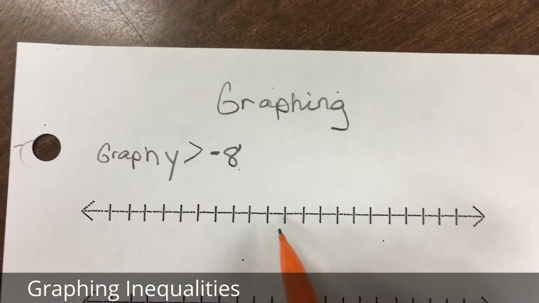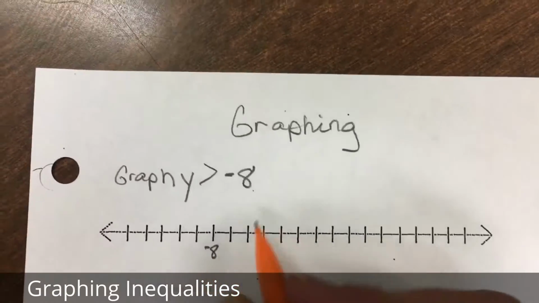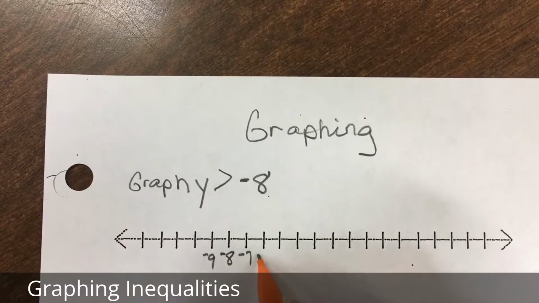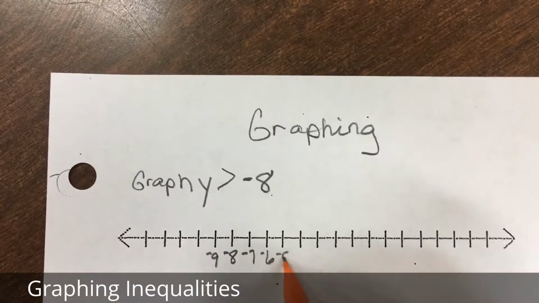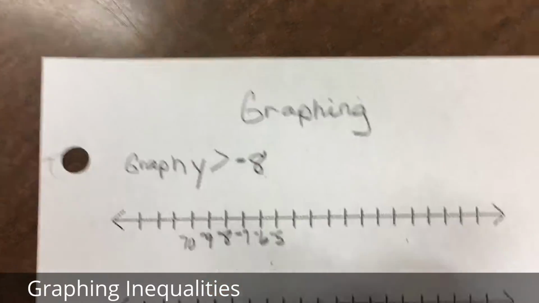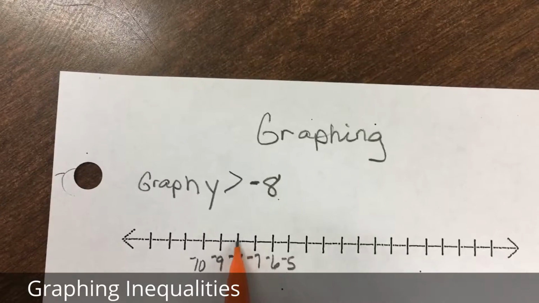You're going to just pick a spot, like, hey, that looks like a great place for -8. So we're going to write in a few extras. All right, so that's the first thing you do. You find the number.